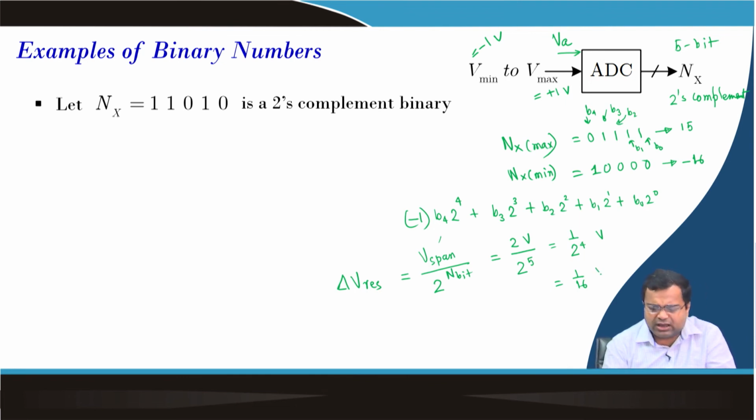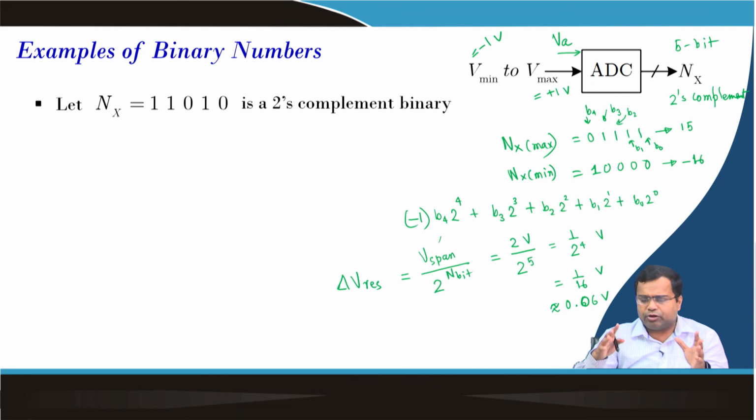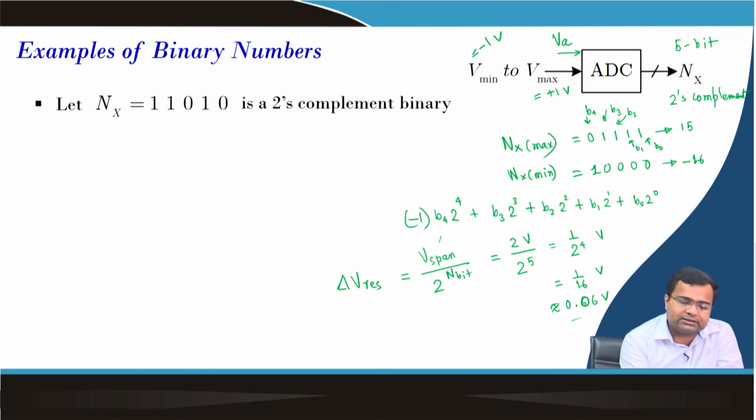Which can be roughly around 0.0606 volt approximately, or something like 0.06125. What I am trying to say is, this is the resolution. So there will be an error between the analog voltage and the quantized voltage level.